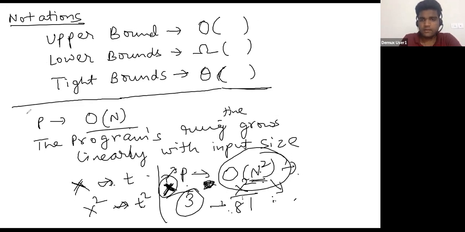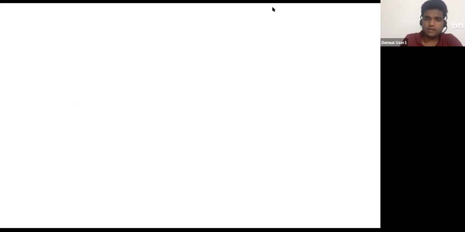For our practical purposes, we are good enough with this much knowledge. We don't really need to go into the mathematical details of what a big O means, what omega means, what theta means. I guess we are good with this much information.